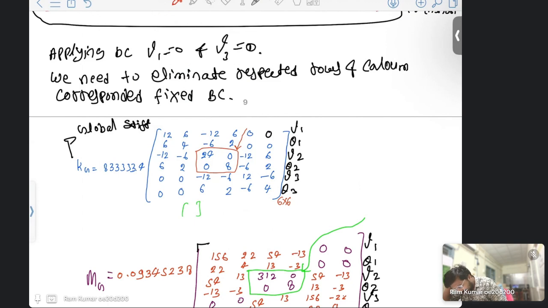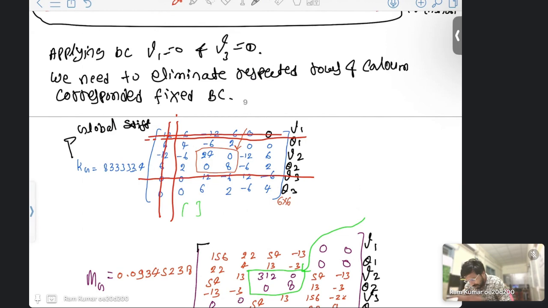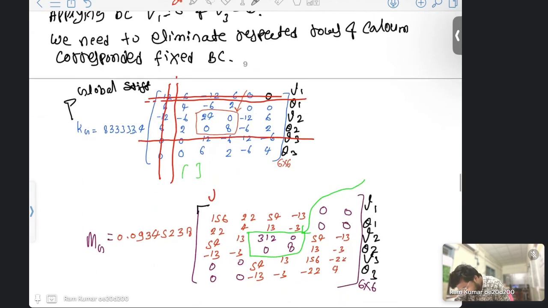So this is row, this is one column. Similarly, this one will go, this one will go. Then b3. So this one will go. Then here also we have to write b1 theta 1, b2 theta 2, b3 theta 3. So this one will go. Are you getting what I'm doing here?